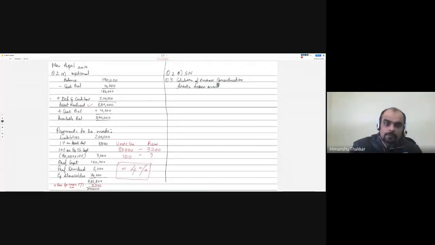Goodwill. Check for the new values. If it is not given, then you can take the old value. Goodwill. Land and building. Then comes plant and machinery.